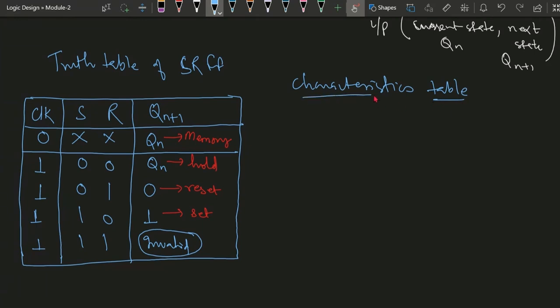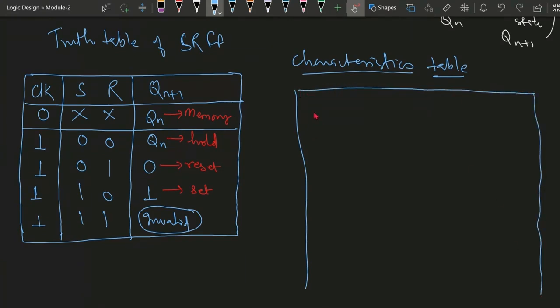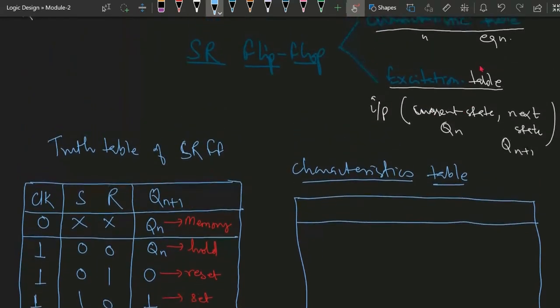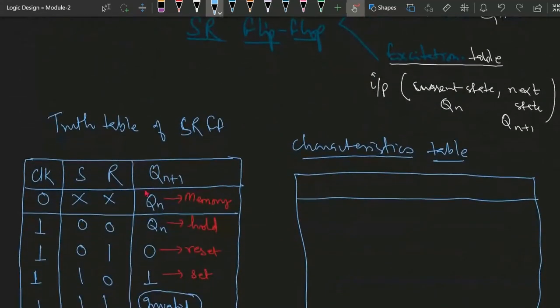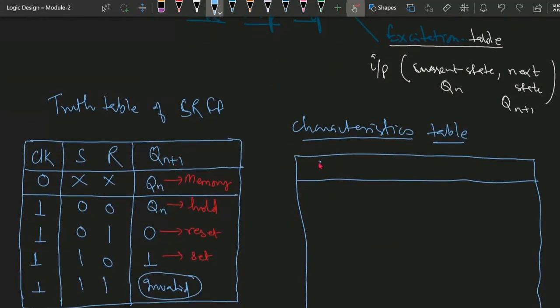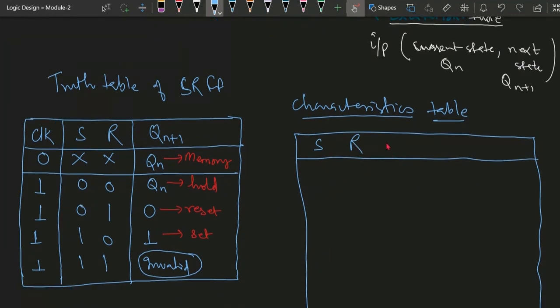To draw the characteristic table, we need to draw a table in which there will be the inputs. What will be the inputs? The input of the flip-flop and the current state. The input of the flip-flop is S and R, and the current state is Qn.